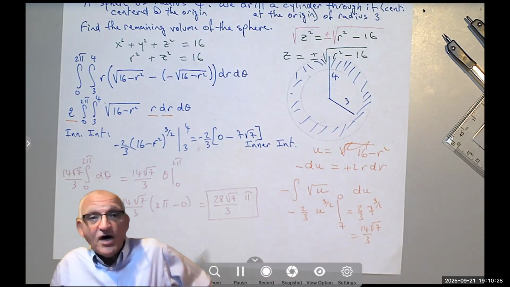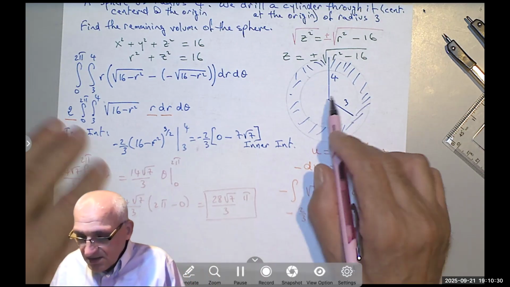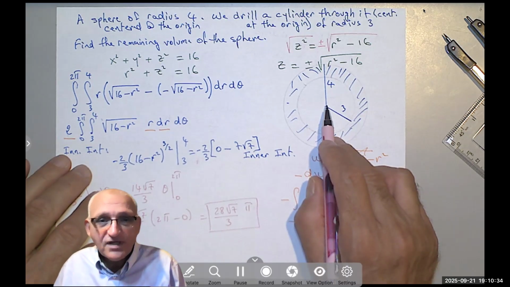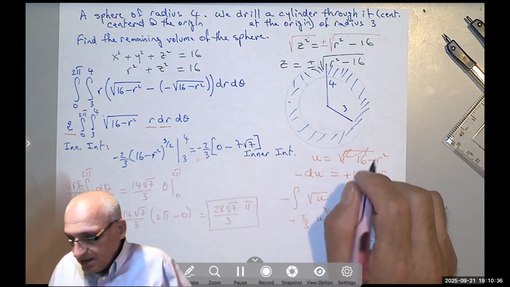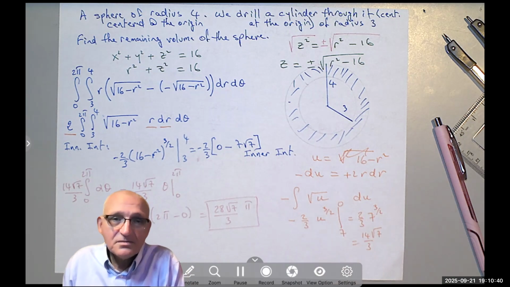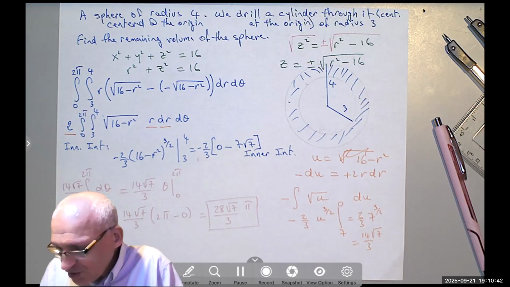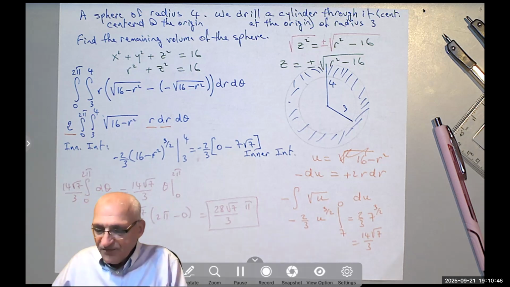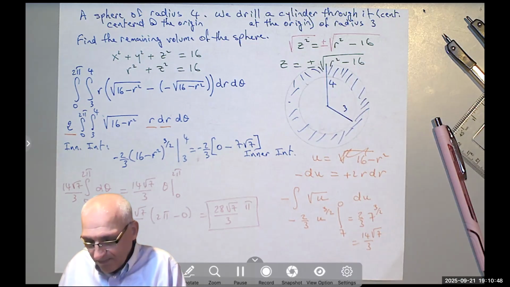Remember, the original volume was 4 cubed over 3, 64 over 3 times r cubed. So r cubed, I'm sorry, 64 is r cubed, 64 pi over 3. Okay.